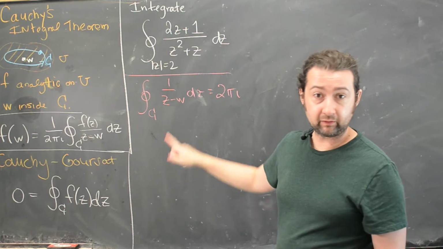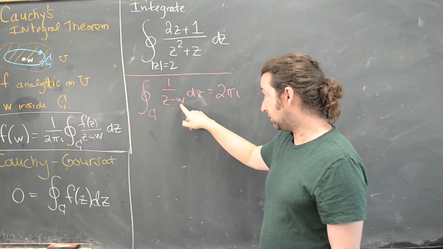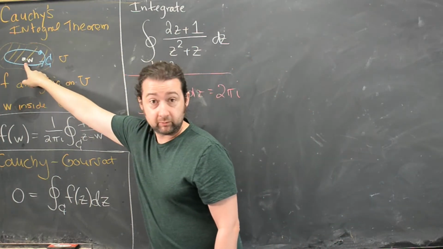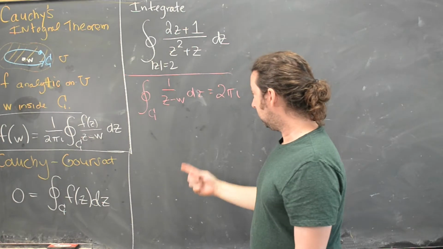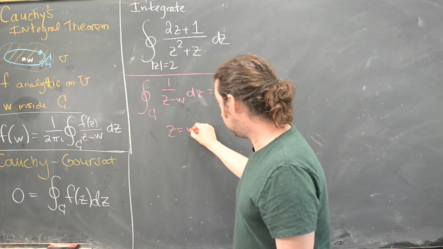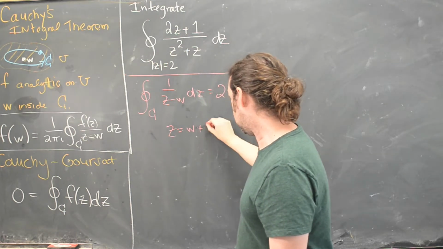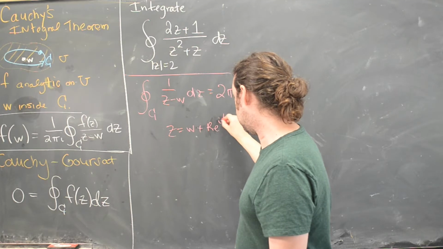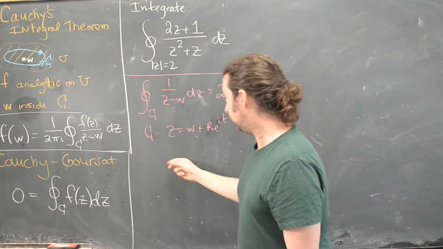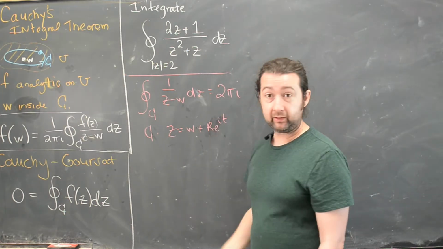So the idea here is that for functions of this form, where we have a function that has a singular point, or an asymptote, on the inside of its domain, if you just do the substitution where z is equal to W plus R e to the it to make this contour into a circle, you can substitute this in, and what will come out the other side is 2 pi i.